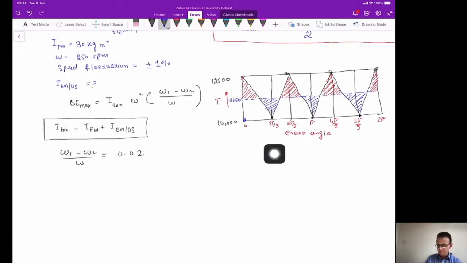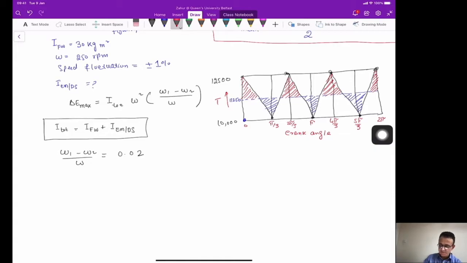So delta E maximum is the energy which changes the angular velocity from minimum to maximum, or from maximum to minimum. In this case, this area here is the delta E maximum, because this will change the speed from the maximum to minimum, and again this will change the speed from minimum to maximum. This will change the speed from maximum to minimum, and so on.